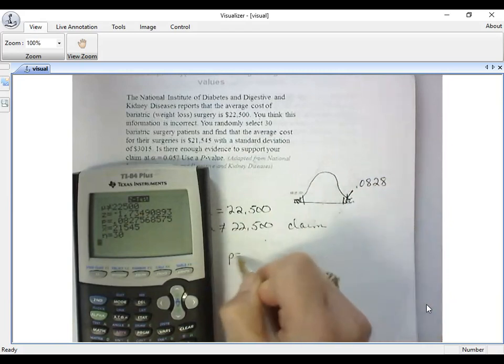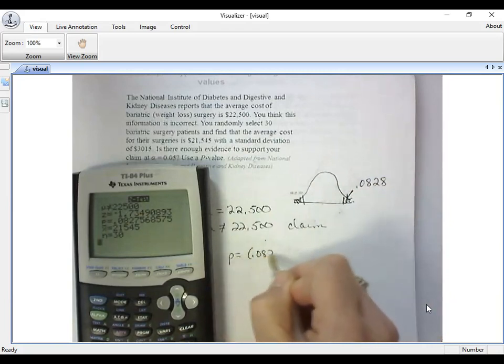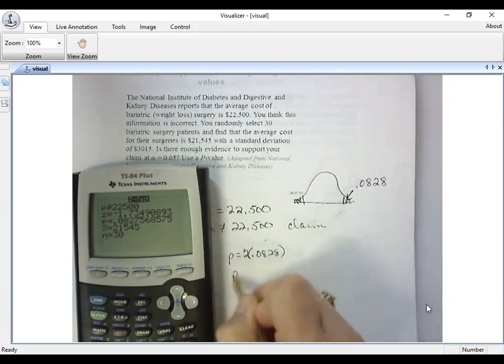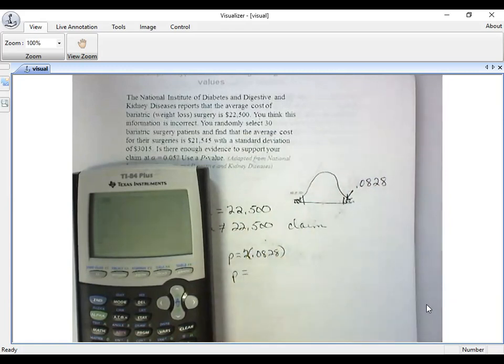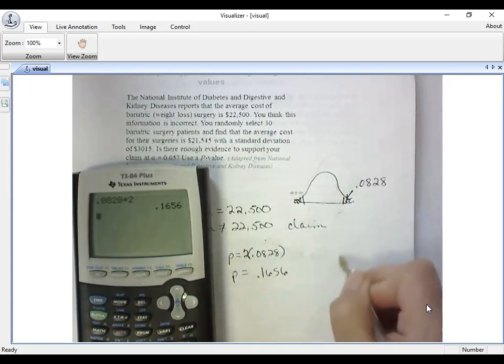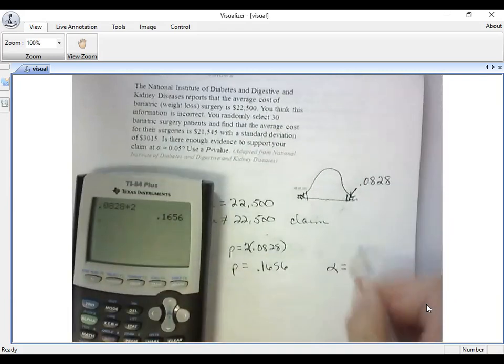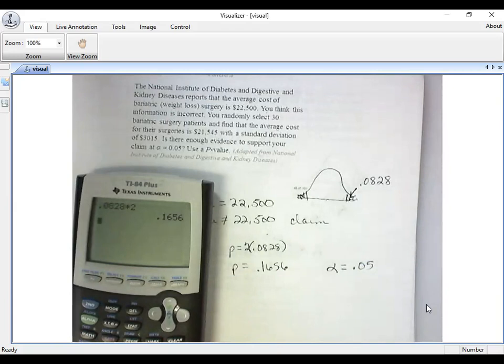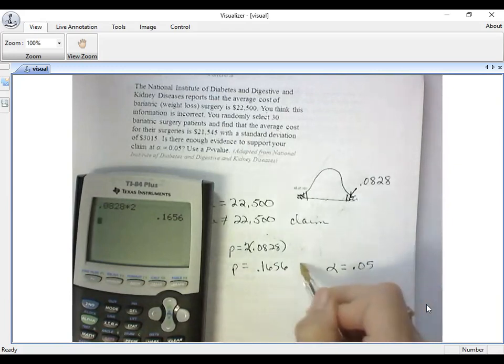So p is equal to 0.0828 times 2, which means I get what? 0.1656. And I'm going to compare that to an alpha of what? 0.05. Okay, that's not very similar, is it? No, those really aren't even close. For sure, what's bigger? The p is greater than the alpha.